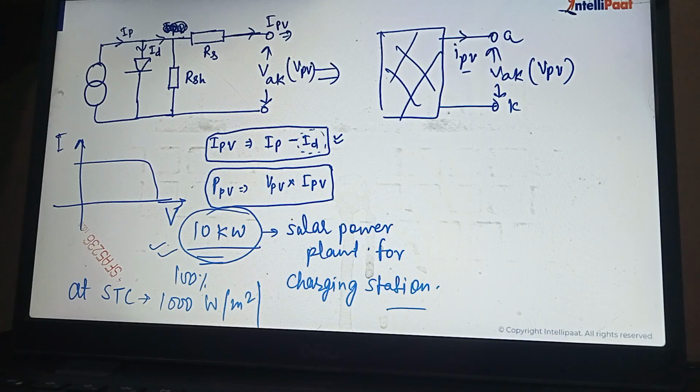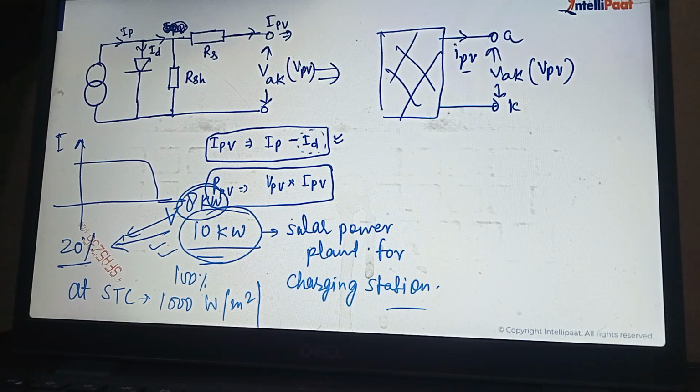Normally, 10 to 20% losses we carry with it. Take 20% losses. Suppose after considering 20% losses, the power is 8 kilowatt. Now we will get 8 kilowatt power from this installed capacity.